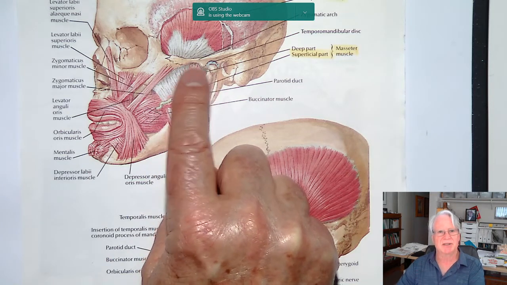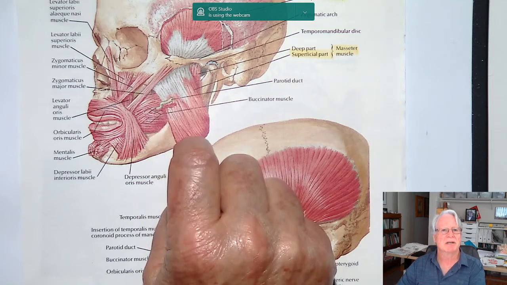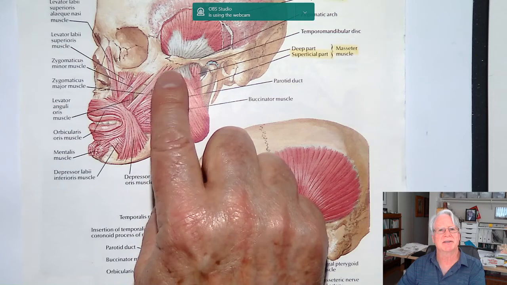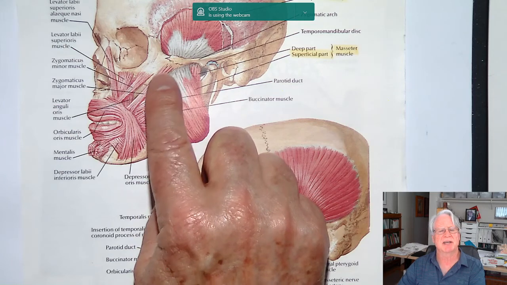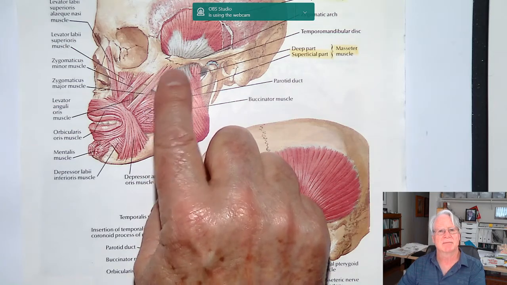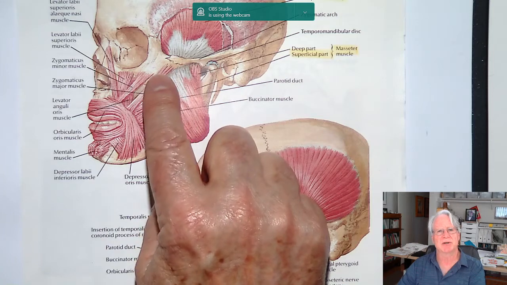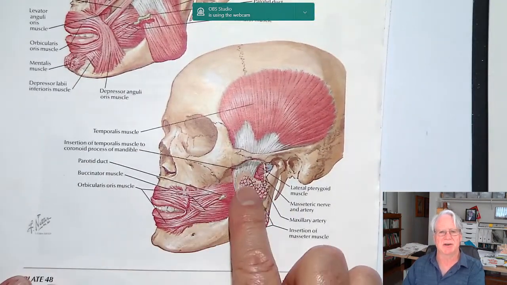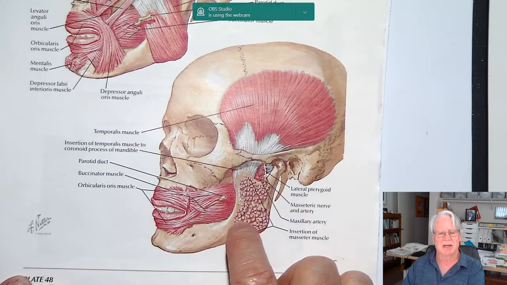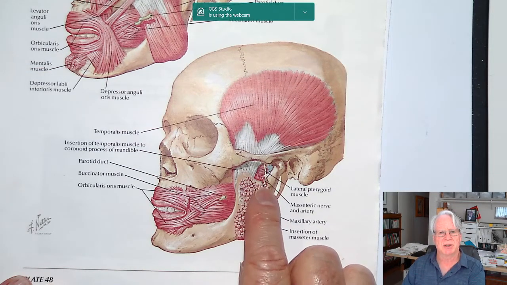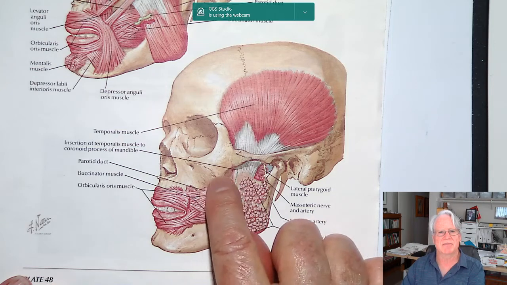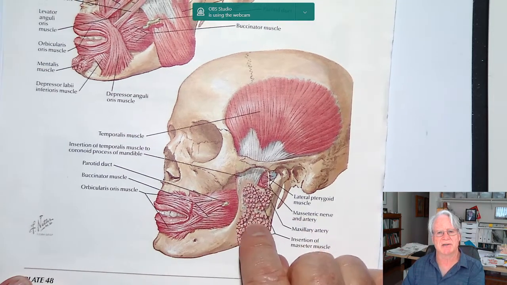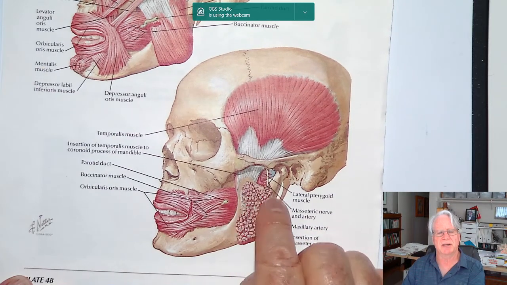So the maxilla, which is the upper bone, forms the upper jaw, and the zygomatic arch is part of the zygomatic bone here, and into the temporal bone, it looks like, and then it comes down and inserts. So this area right here is where it inserts on the jaw, all along this edge, and then down onto that surface right there.